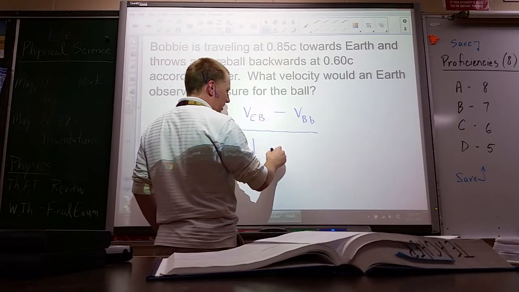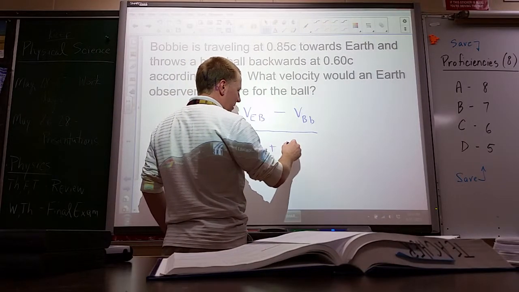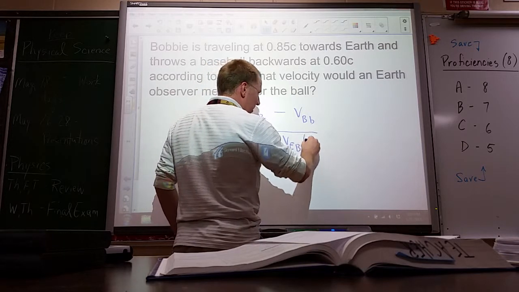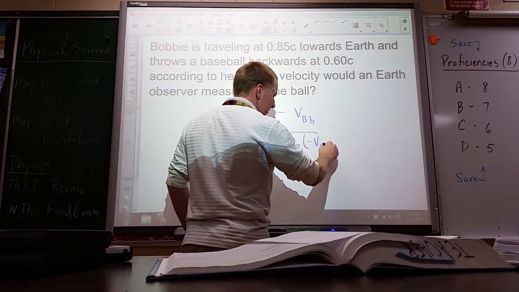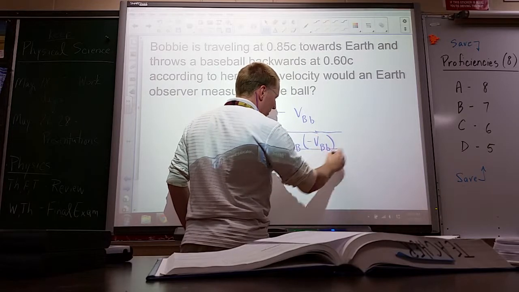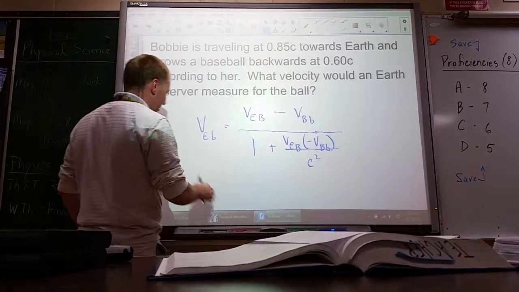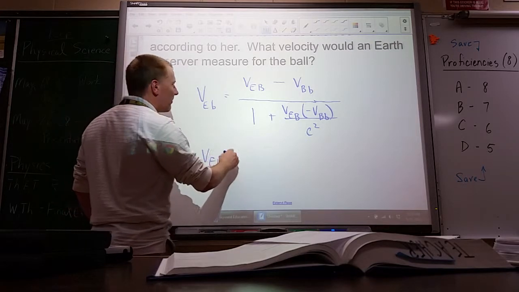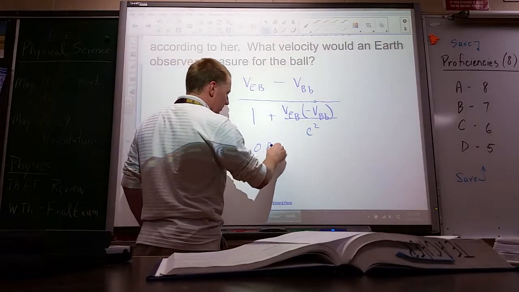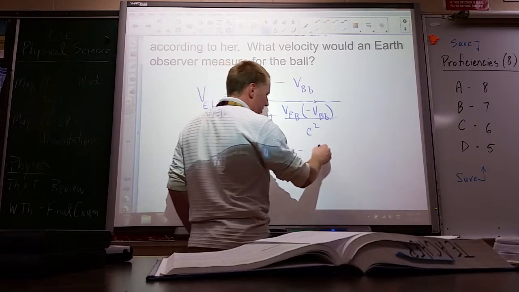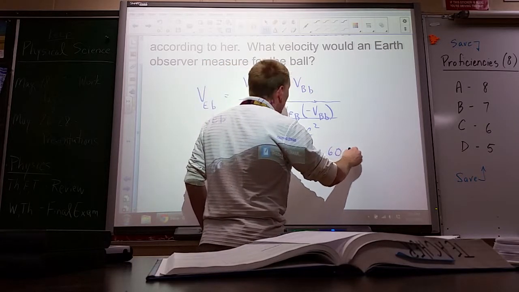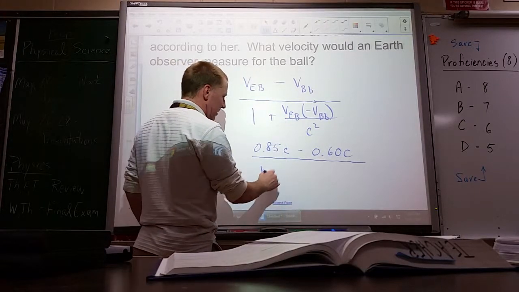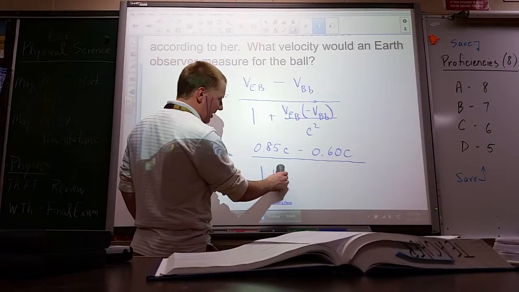And then we could take the values down here. VEB minus VBB over c squared, and then put our values in. I screwed up that part. And as usual, I'm going to keep my speeds in terms of c to make that easier. So this will be a negative now.